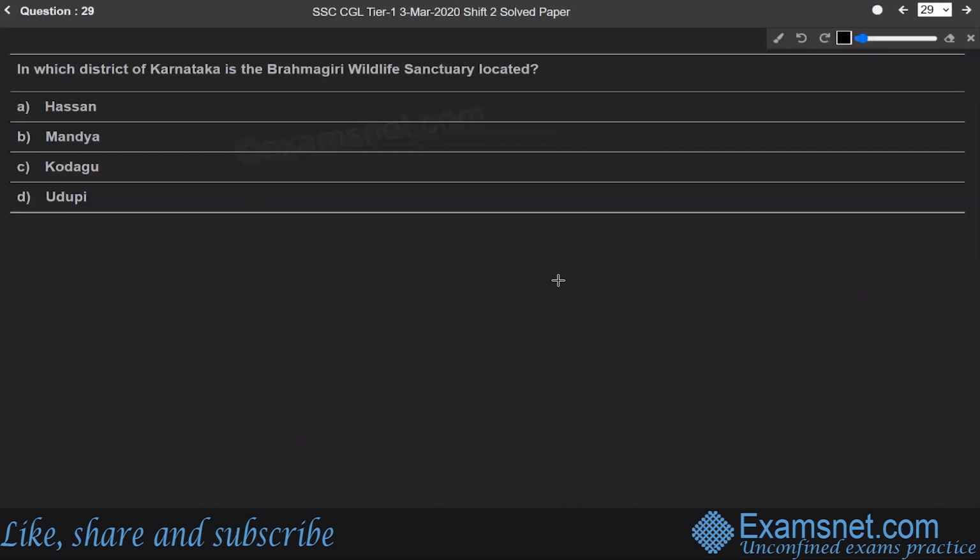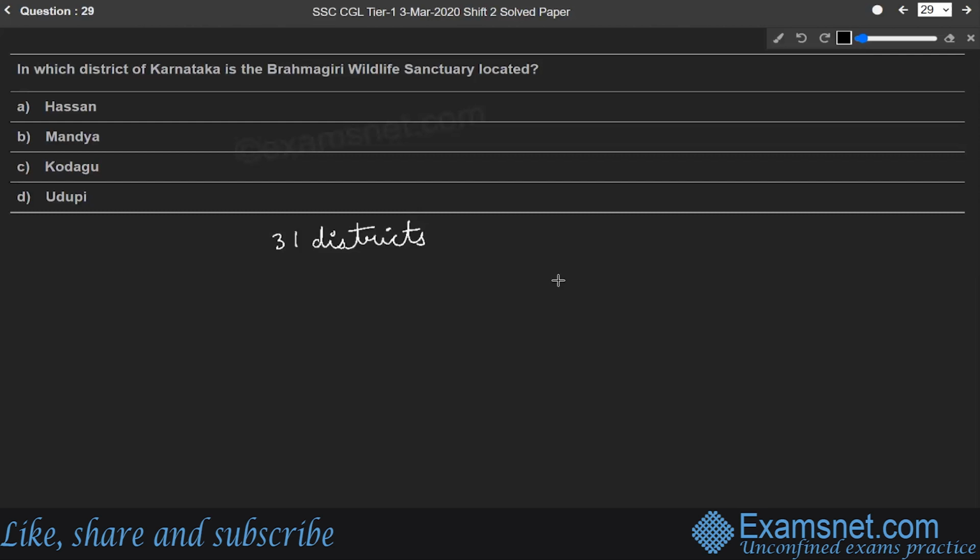Next question is, in which district of Karnataka is the Brahmagiri Wildlife Sanctuary located? Do you know that Karnataka is the state in which the districts are divided into 4 different parts? Yes, the Indian state of Karnataka consists of 31 districts in total, and they are divided into 4 main divisions, from which Hassan, Mandya, Kodagu, and Udupi, which are the given options here, are 4 different districts.